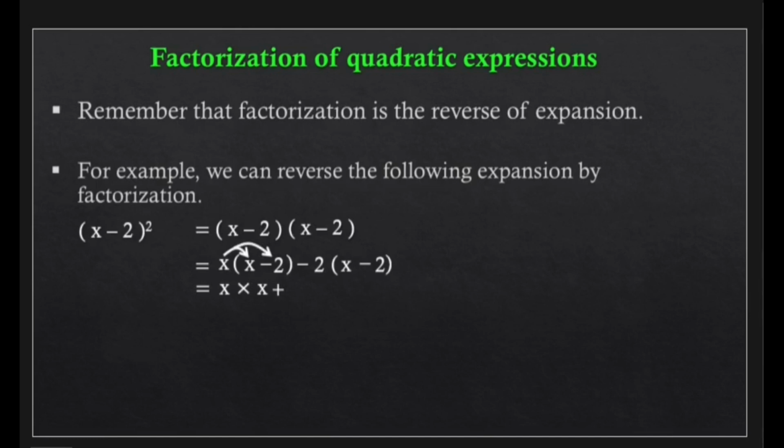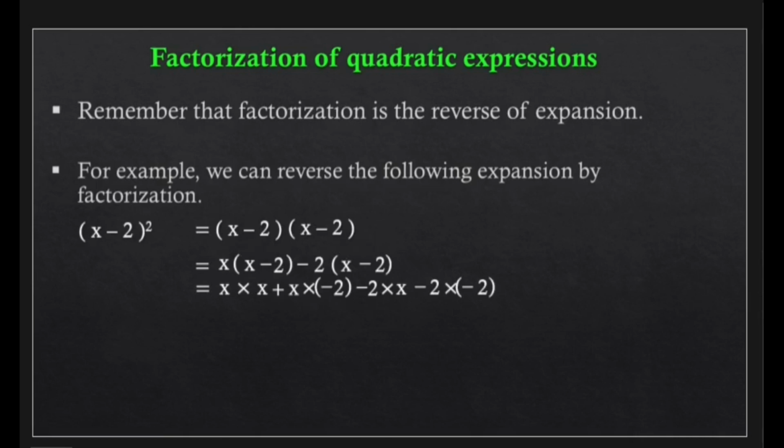So you say positive x times negative 2, and you put it in the brackets. Now you also say negative 2 multiplied with x. Then you also say the same negative 2 multiplied by negative 2 in the brackets.